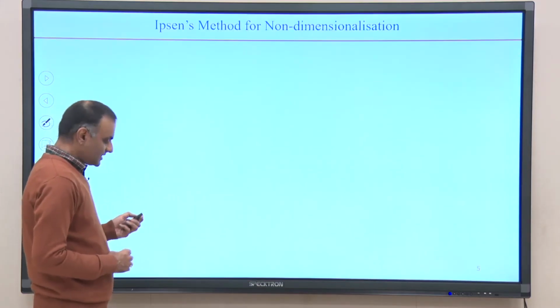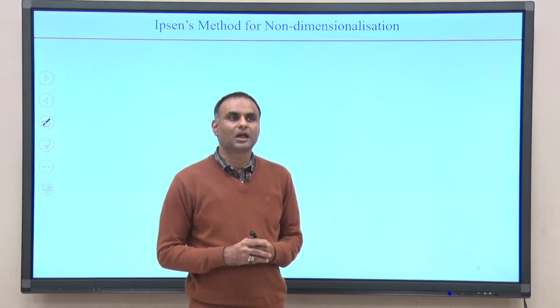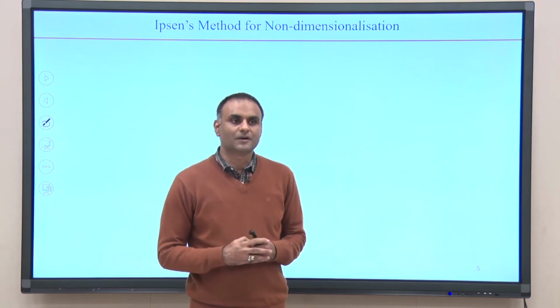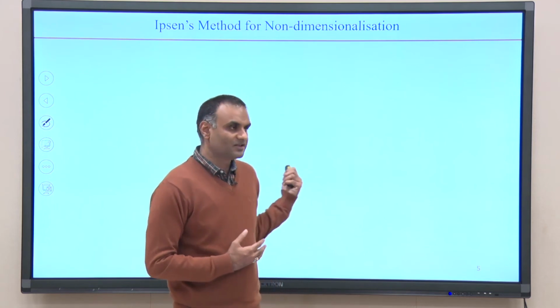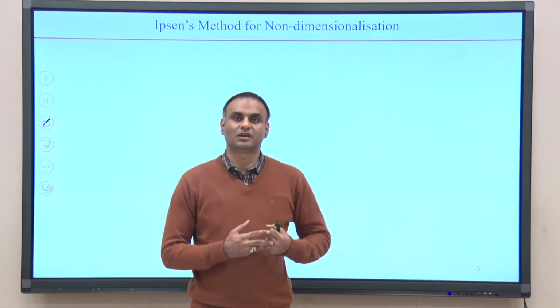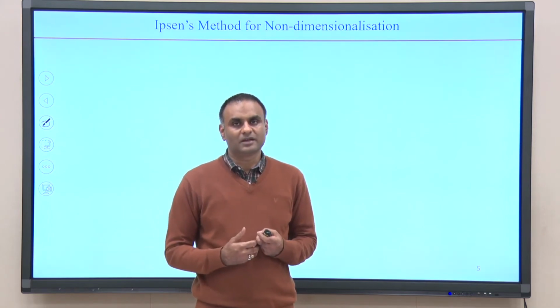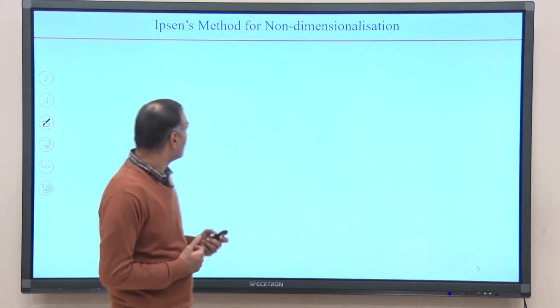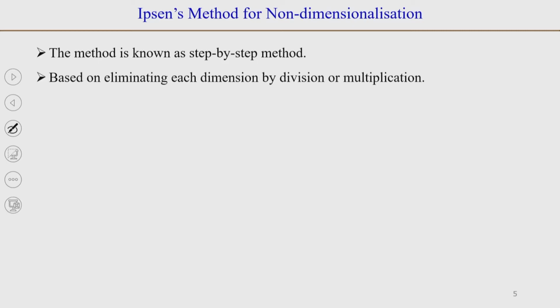Now, there is another method which is called the step by step method, which one is likely to follow if one is doing it in a sequential manner, just by using, say, common sense. So, Ibsen's method is called the step by step method, and it is basically based on eliminating each dimension by division or multiplication.